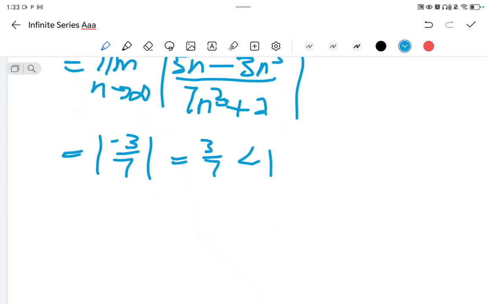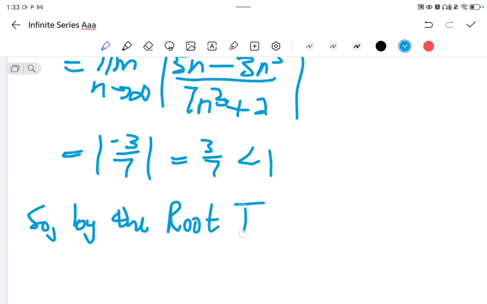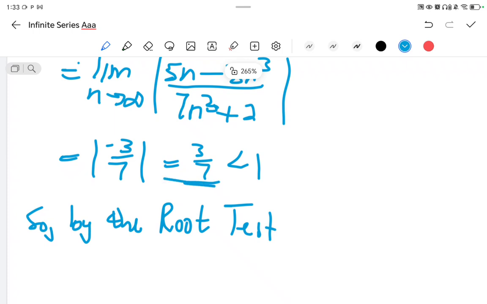And then we can say, by the root test, you see, we had to apply an absolute value here for us to get this, right?